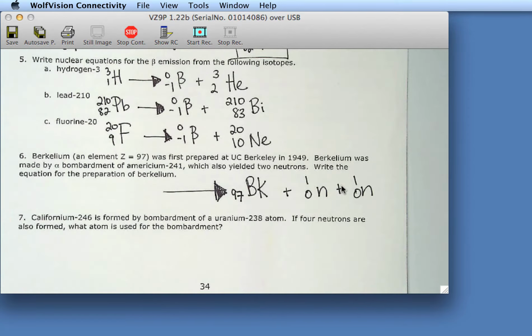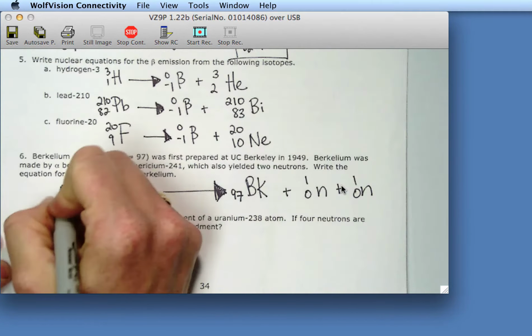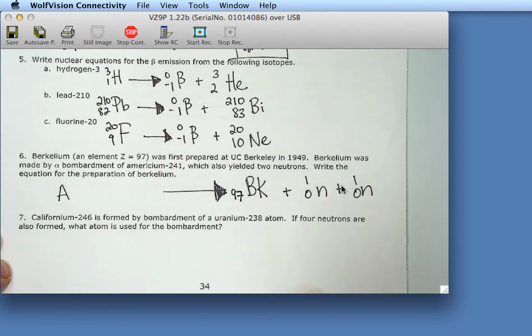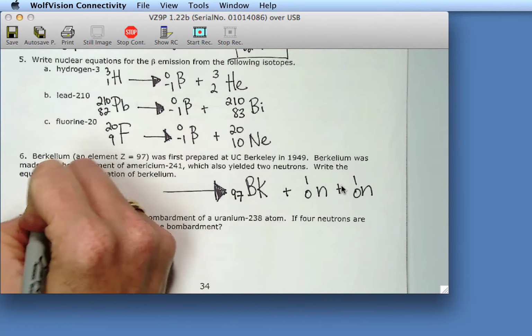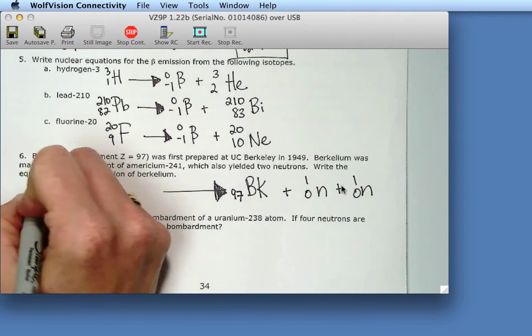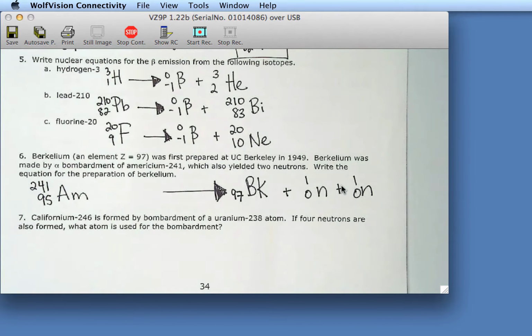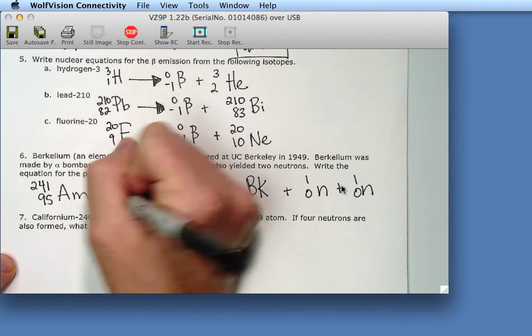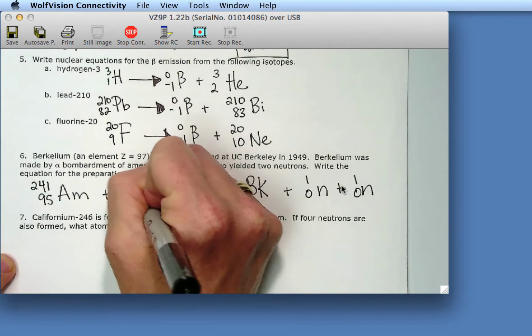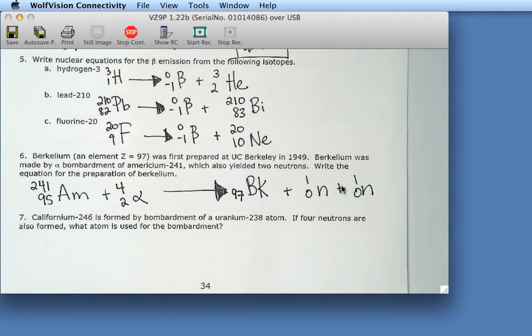So in order to make berkelium, americium-241 was bombarded with an alpha particle. What's the symbol for an alpha particle? 4, 2, alpha. So now I have mass numbers and atomic numbers. I'm missing the mass number for berkelium, but can I figure it out?